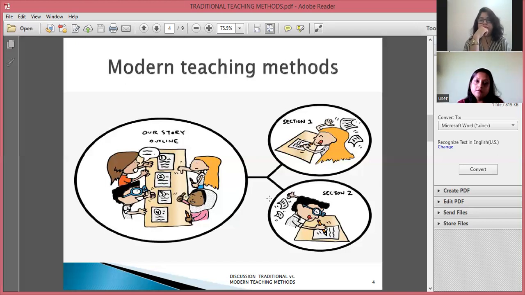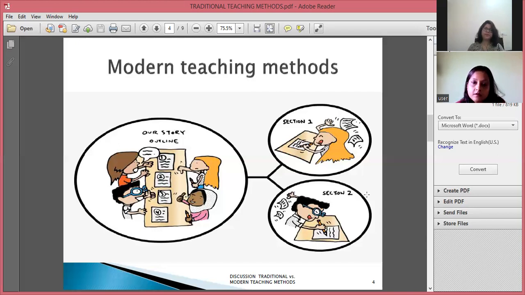The benefit of this learning is that it develops social skills. They are mixing with each other, and their social skills are developed, and also the learning outcome is improved. So these are the benefits of collaborative learning.